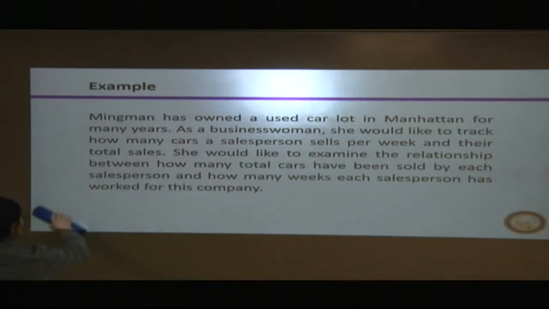So this is our data. The left column is job tenure, and the right column is total cars sold. Our goal here is to find a model that will fit this data.